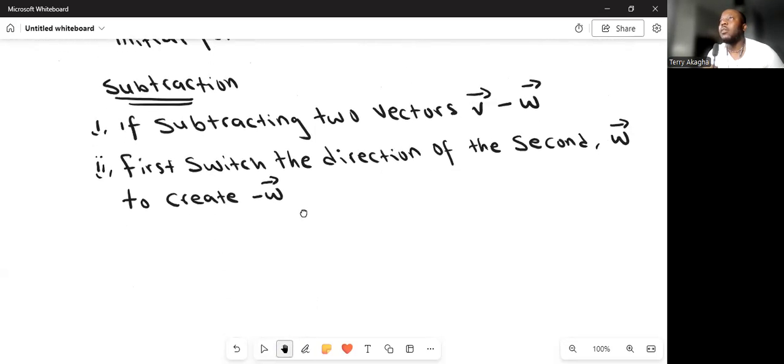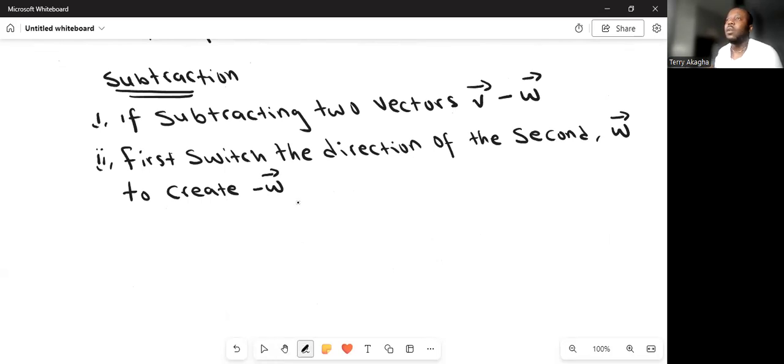So when you've done that, then the next thing, similar to what you did the first time, is that you draw the vector v, okay, and vector w, but this time it's going to be the negative what?